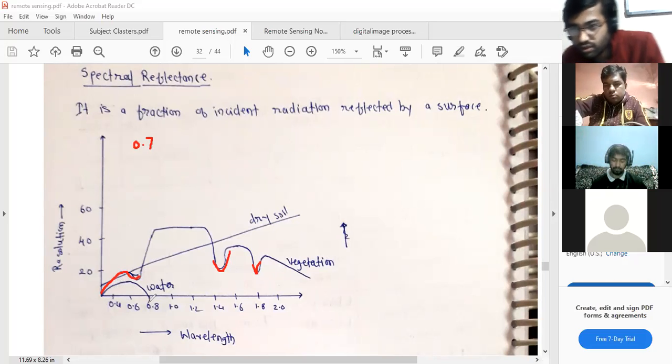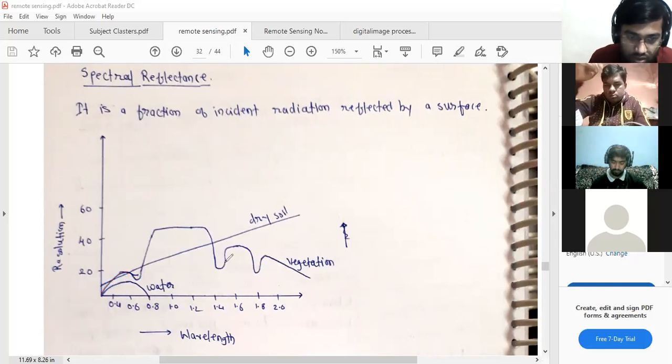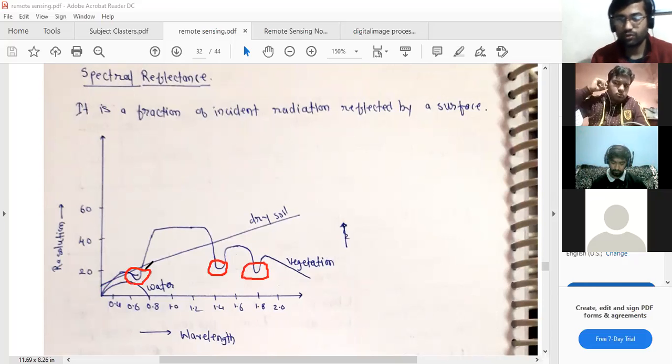So these are the spectral reflectance curves. Now we'll study at what particular locations we are getting such low atmospheric absorption. From the graph you will come to know about the abnormality on the ground, then you will go for inspection.